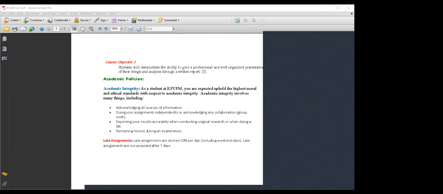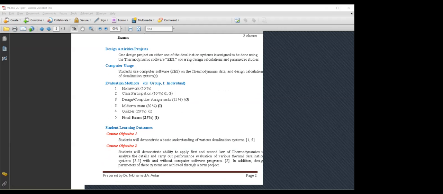Now, our course objectives. What is expected is that by the end of this course, you will know the various desalination systems and be able to apply the energy conservation equation, which is the first law of thermodynamics, to systems just to assess their performance. That's something we're going to do with the thermal desalination systems, as well as when we cover the RO system, because an RO system needs energy.